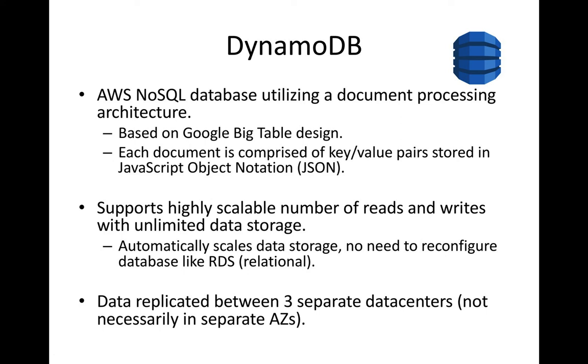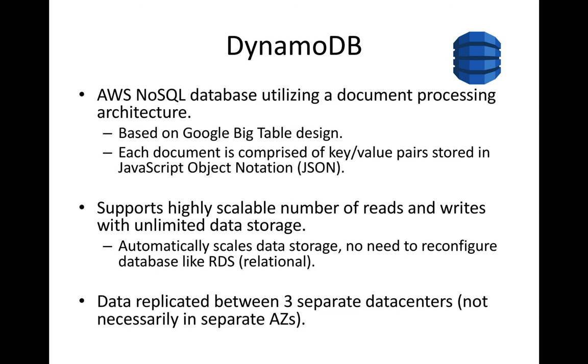The relational database service isn't the only database service available in AWS. There are actually a couple other database services you can use. One of them is called DynamoDB. DynamoDB is a NoSQL database that uses a document architecture. Remember from an earlier lecture, I talked about 4 different types of NoSQL databases.